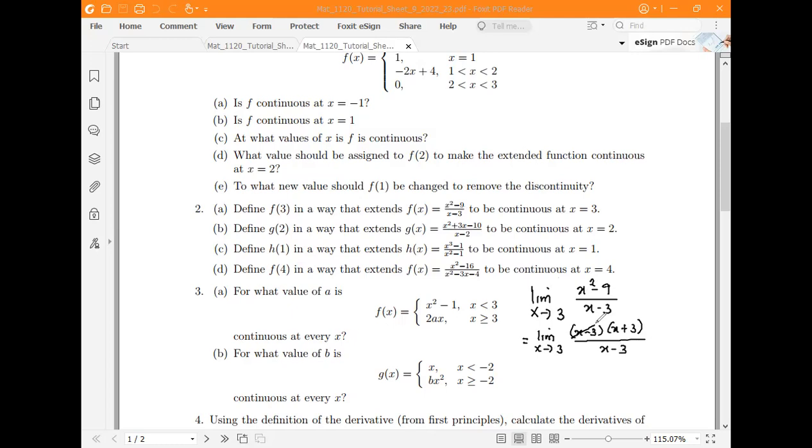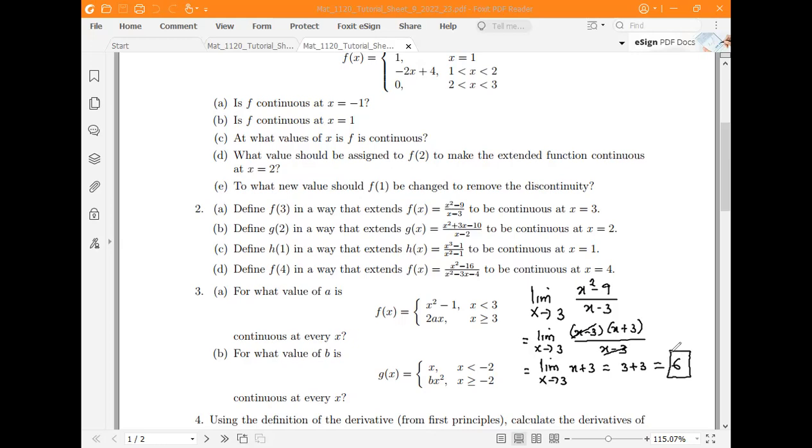So we get the limit as x approaches 3 of x plus 3 to be equal to 3 plus 3, which is equal to 6. Immediately you find the limit, then you've answered this question.